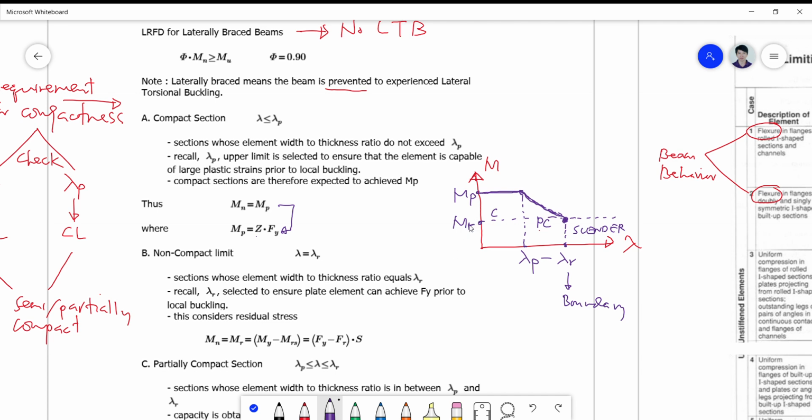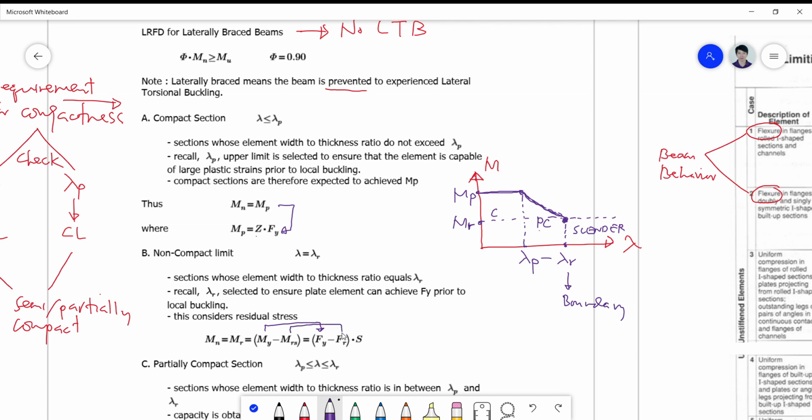Okay, so your Mn now becomes your Mr, defined on the basis of your yield moment minus your moment due to residual stress. And if we look into the formula, your moments are now converted into stresses.